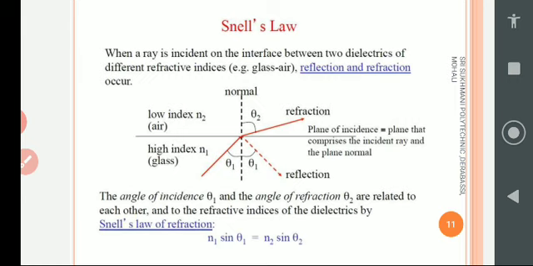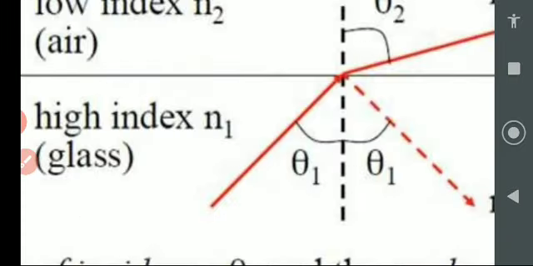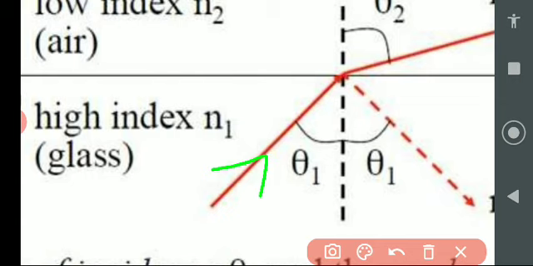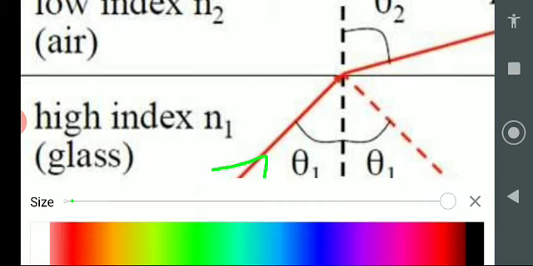Again, I will show that this green is the incidence light which we want to travel along the fiber. Some portion of this is reflected back into the same medium, of refractive index n1, whereas some portion of this light is refracted into another medium, that is n2.